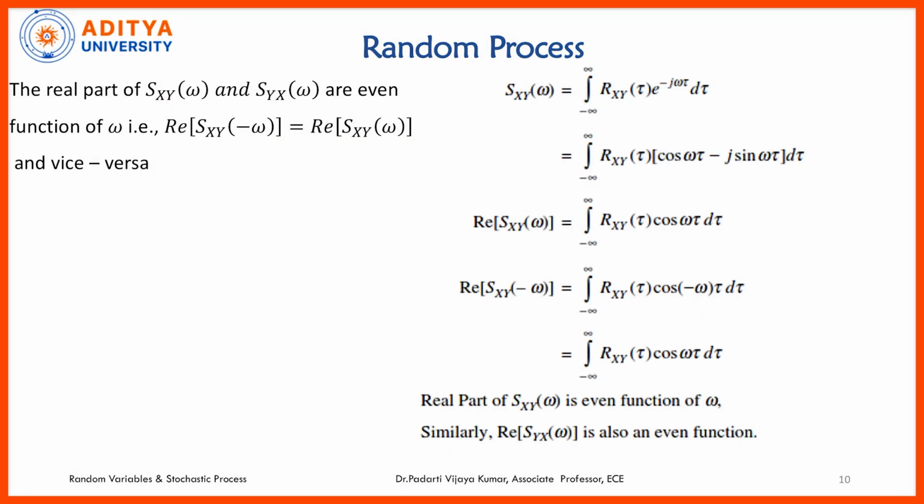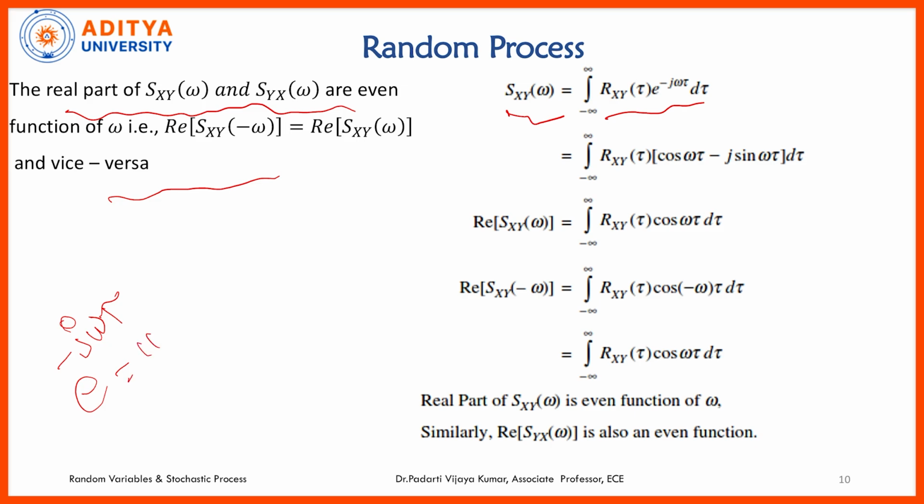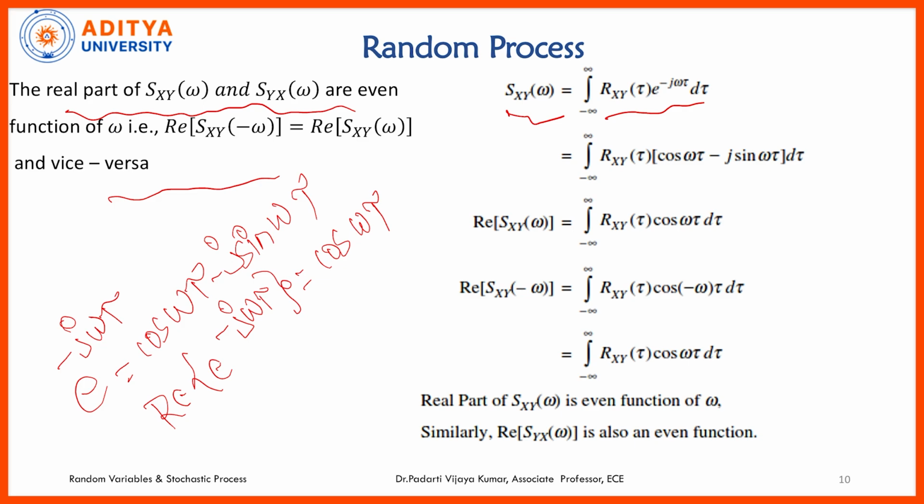Next, the second property: the real parts of Sxy of omega and Syx of omega are even functions of omega. This also we can prove very easily. Take the real part of Sxy of omega. As per Euler's relation, e power minus j omega tau can be written as cos omega tau minus j sin omega tau. So, the real part of e power minus j omega tau is cos omega tau, which gives Rxy of tau into cos omega tau.